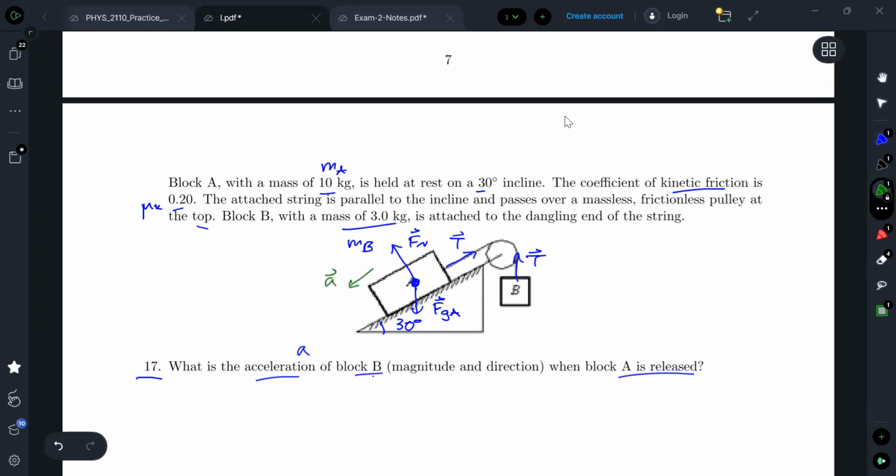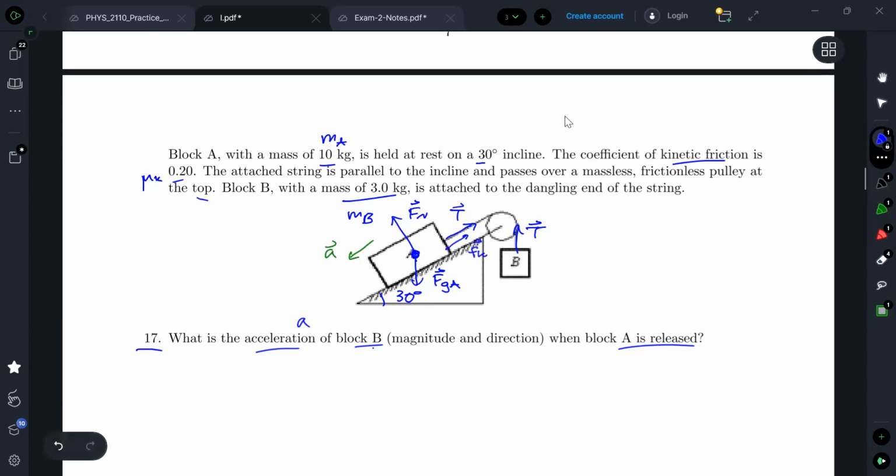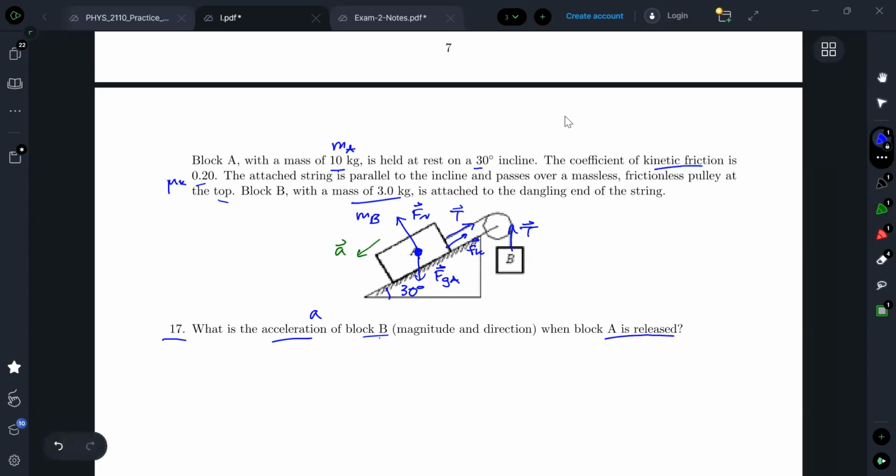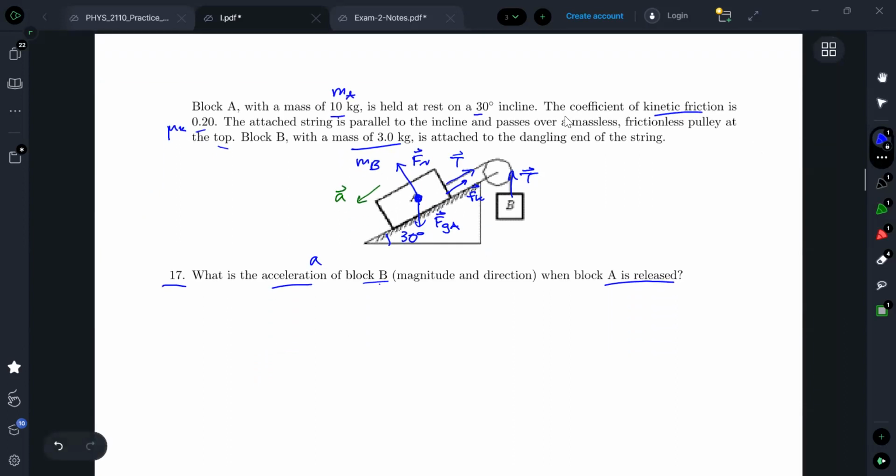So I'll say that's the direction the block's going to slide, and so accelerate, speed up from rest. And that means to oppose that motion, the frictional force must be up the ramp. Okay. And then on block B, my only other force is gravitational.